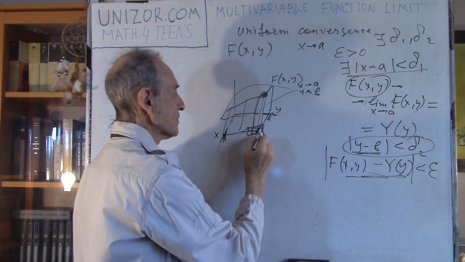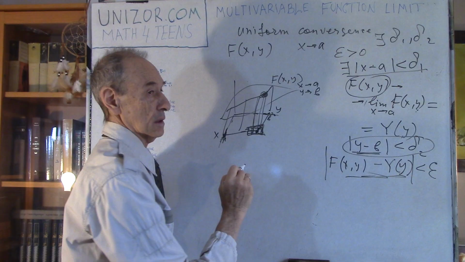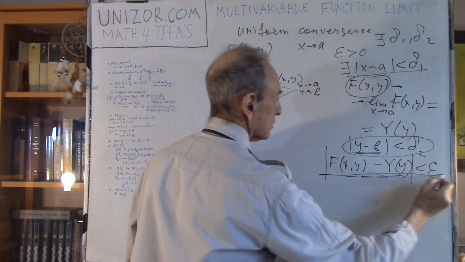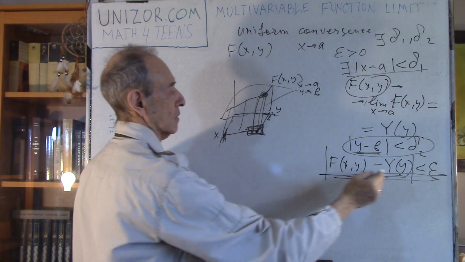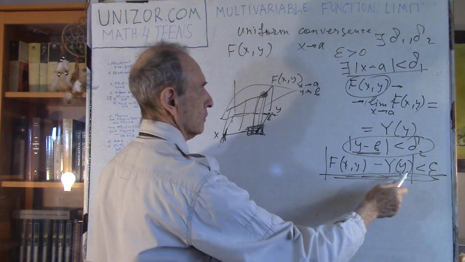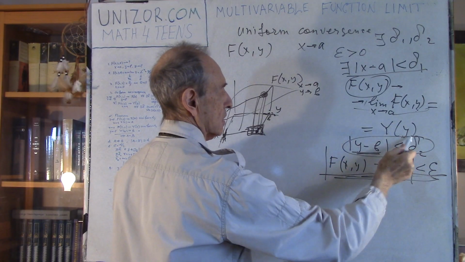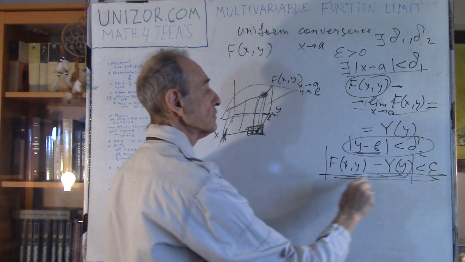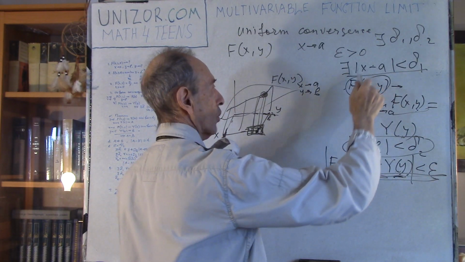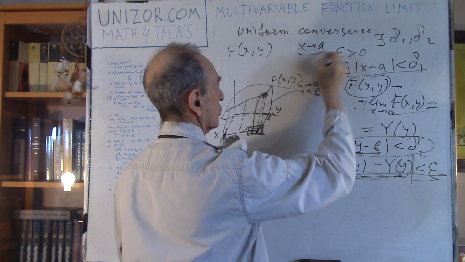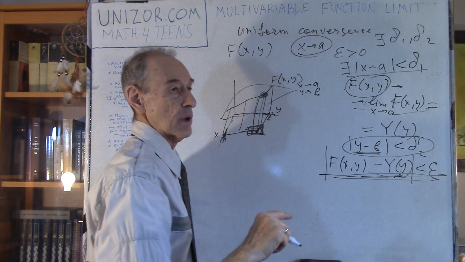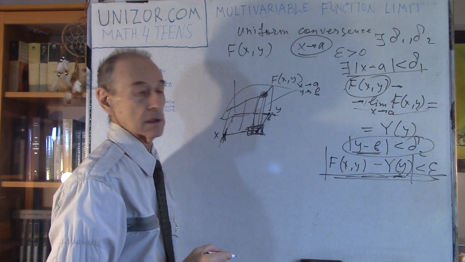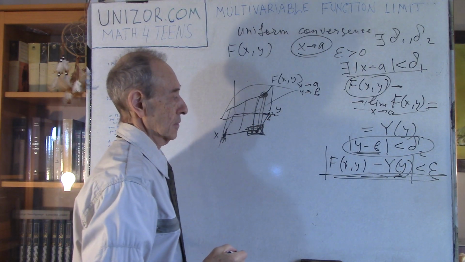So if we are within this rectangle, then the value of the function would not be deviating from this particular phi of y, which is this limit, by greater than epsilon. So that means we are uniform by y. As x goes to a, we are uniform by y in the neighborhood of its limit point, the neighborhood of b.